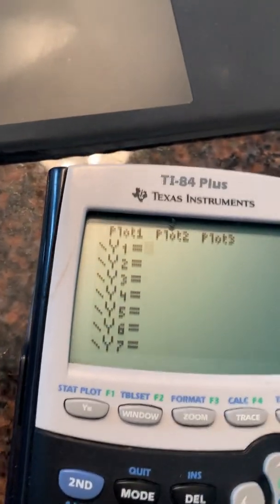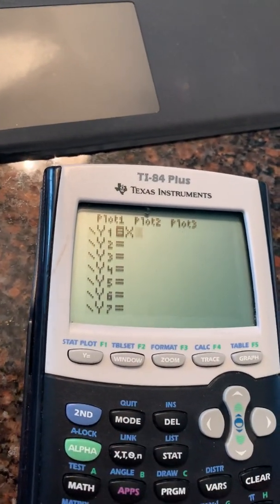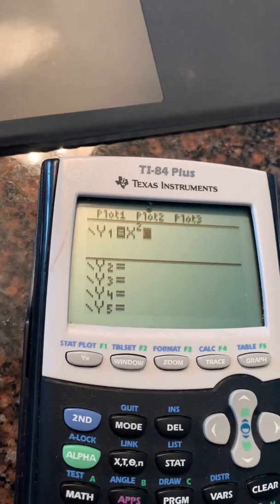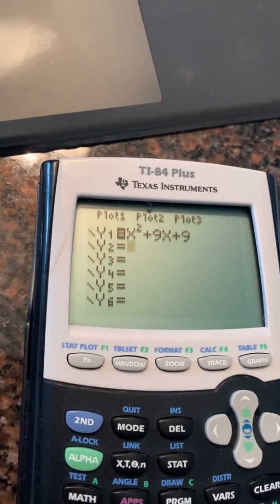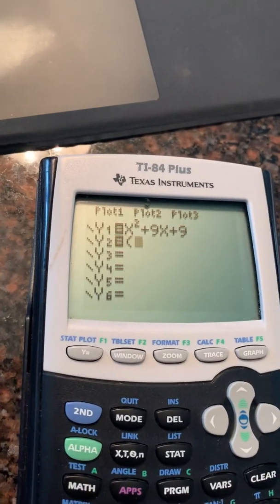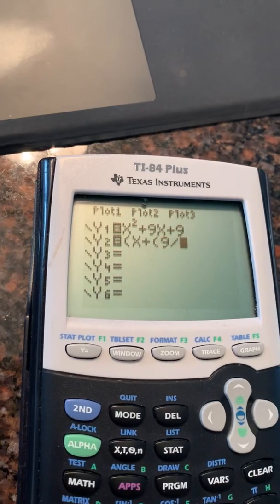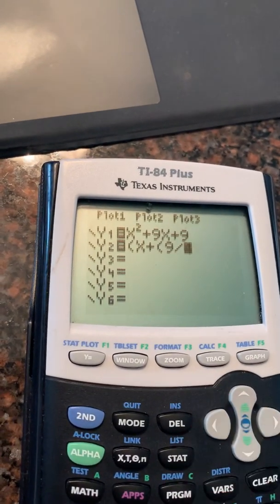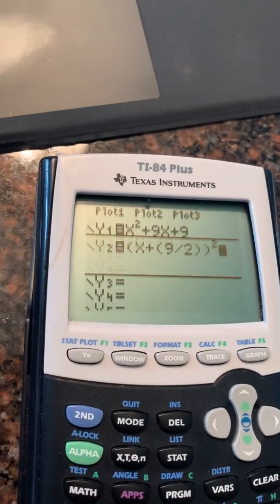So we're going to put in the original. So I was given x squared plus 9x plus 9. And then my version in vertex form was x plus, I put my fractions into parentheses always, and that's squared.